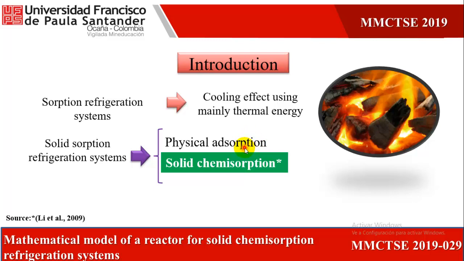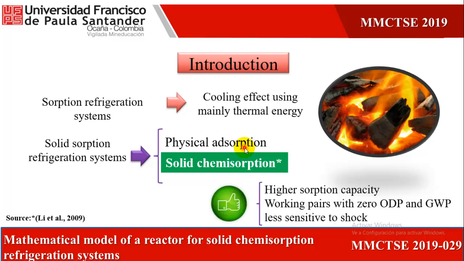These systems have their advantages and disadvantages. However, our work was particularly based on solid chemisorption systems because these systems exhibit different advantages over adsorption systems. For example, they have higher adsorption capacity of the refrigerant by the adsorbent.